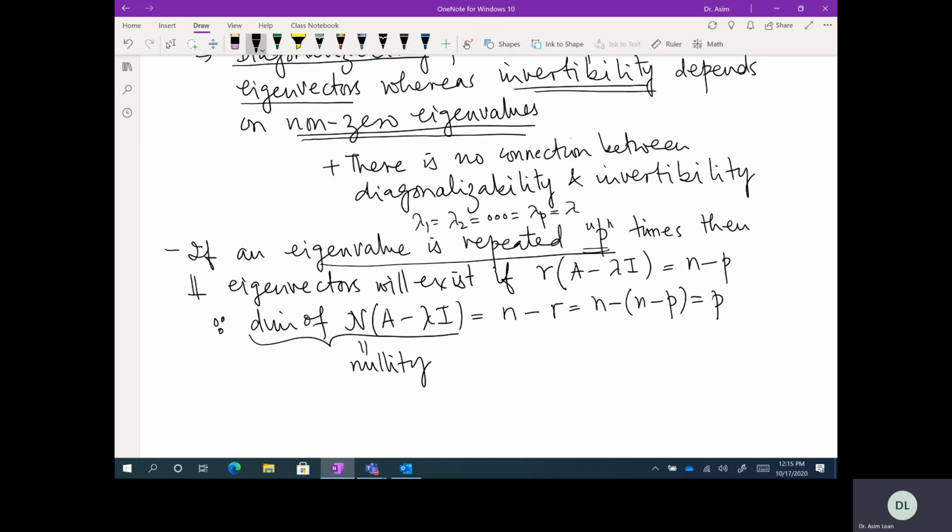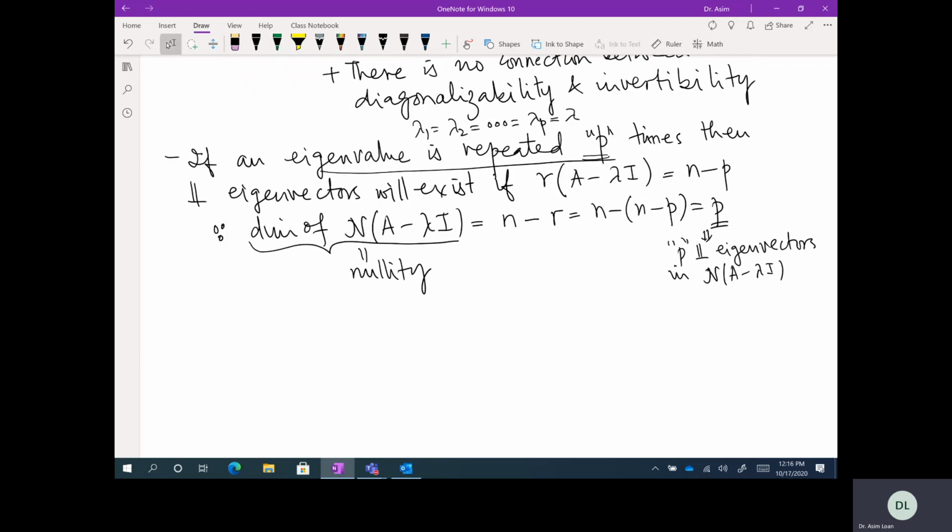Then the independent eigenvectors will exist if the dimension of the null space is p. If the dimension of the null space is p, this implies p independent eigenvectors in the null space of A minus lambda I. If this dimension is less than p, obviously we will not have the independent eigenvectors.